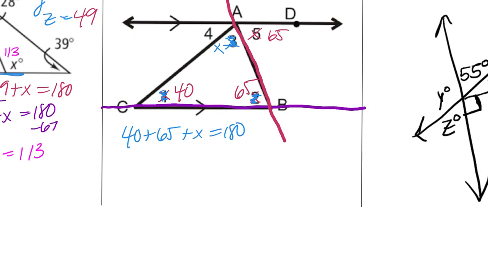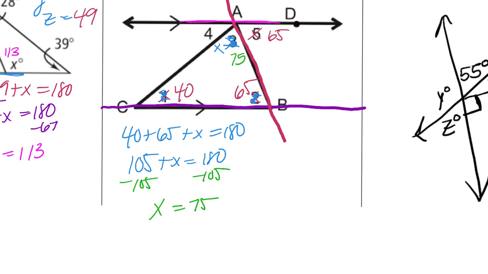So then we can combine our like terms. 105 plus x equals 180, minus 105 on both sides. X equals 75. So this is 75. Now the last thing you should see is that this is a straight line here at D. So we can do 65 plus 75 plus, I'm going to call this one y, equals 180.